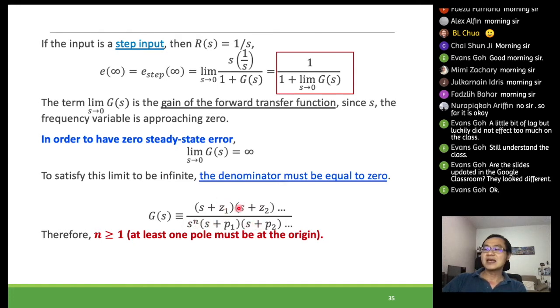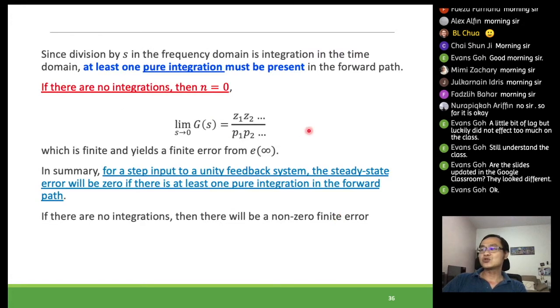Eventually we will get z1 multiplied by z2 divided by p1 multiplied by p2 and so on, and that results in a finite value. So you will get a finite value at the end, and that causes a finite error at the end instead of 0.